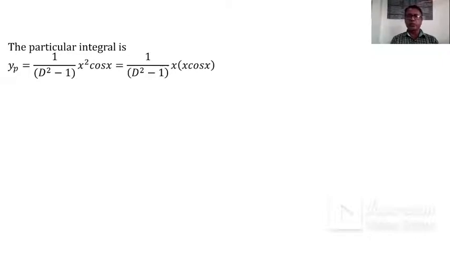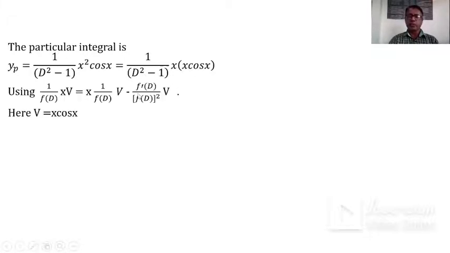We rearrange this term as x into x cos x. Therefore, this becomes a term of the type x into v, where v is x cos x, and this is f of d.